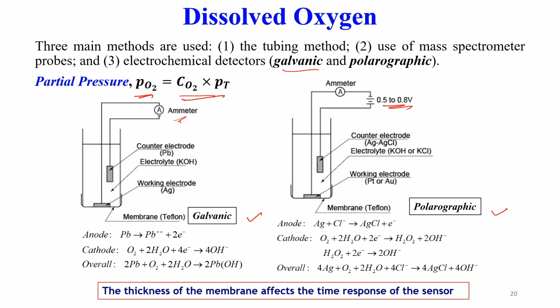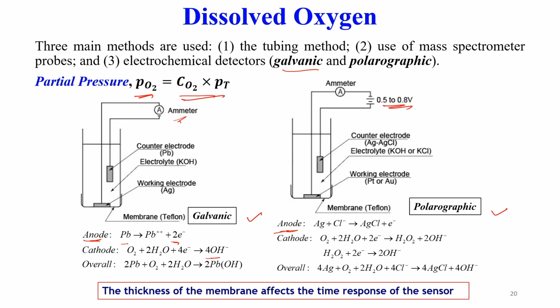So, there are some differences in this, because the anode, if you just see, there is a lead, and from anode you are generating 2 electrons, they are going to cathode, and it is further generating the hydroxyl radicals.